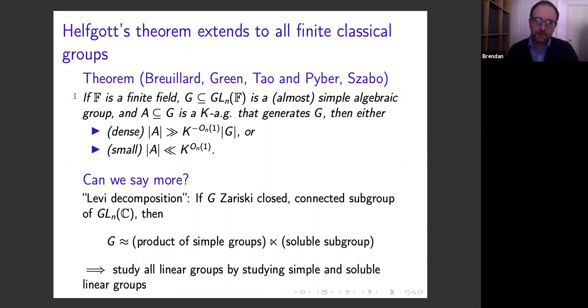So if you have a finite field, not necessarily Fp, just any finite field, and you have an almost simple algebraic group, which includes the examples that we gave before of the classical groups, and you have a k-approximate subgroup of that group that generates, then either your k-approximate group is very large, or it's very small. These are two trivial ways to have k-approximate groups, and those are the only possibilities if you have a generating set.